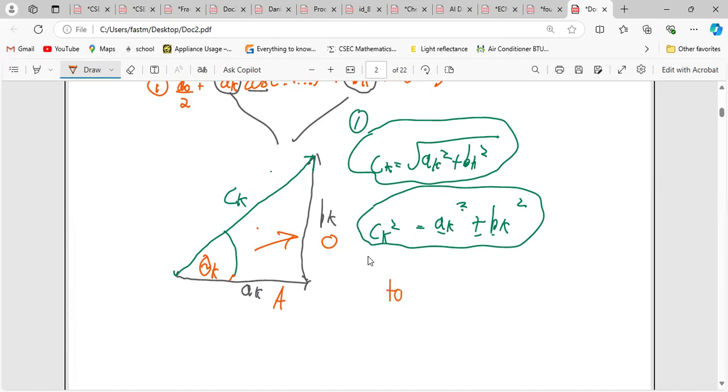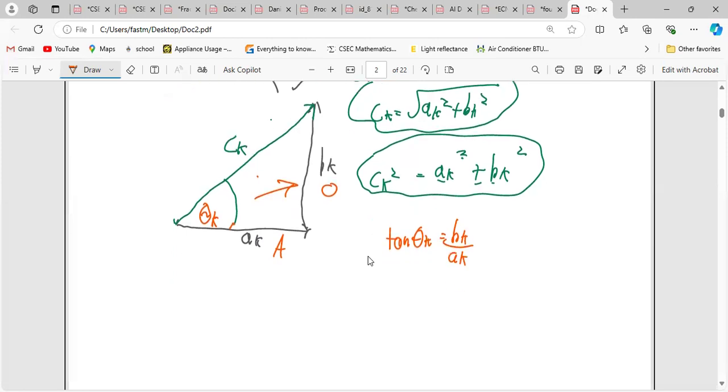You put tan theta k equals opposite over adjacent. Then you make theta k the subject of the formula, so you end up with tan inverse of BK on AK.